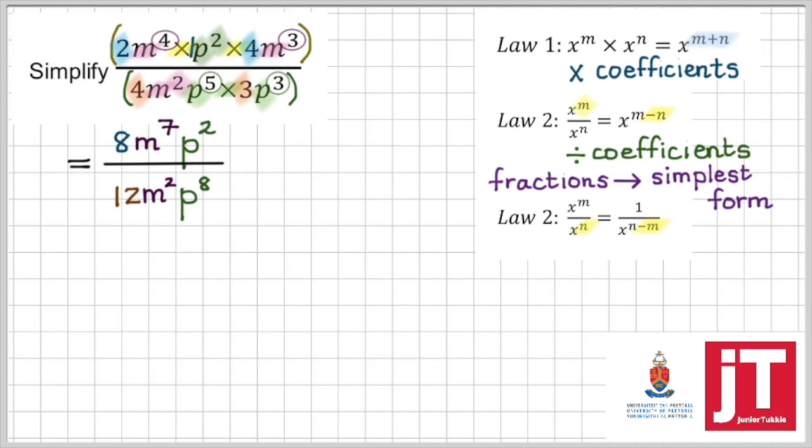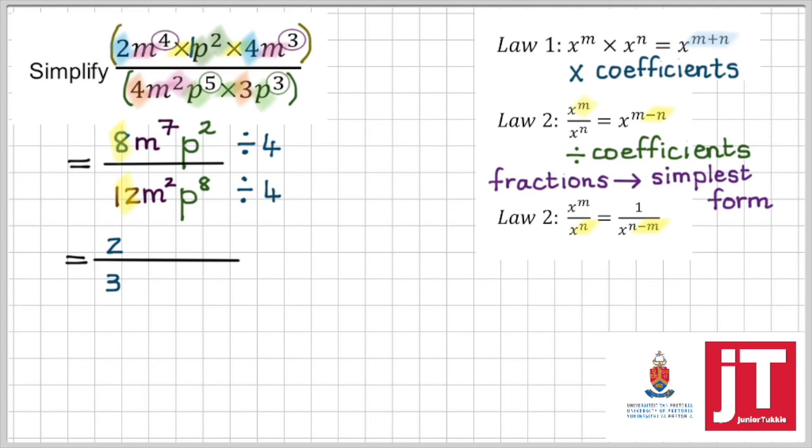We also remember that when we divide coefficients, and if our term is in fraction form, we try to get that fraction in the simplest form possible. As coefficients here, we have 8 over 12, and we need to find the highest common factor of 8 and 12, which is 4. 8 divided by 4 is 2, and 12 divided by 4 is 3. So in its simplest form, 8 over 12 is 2 over 3.